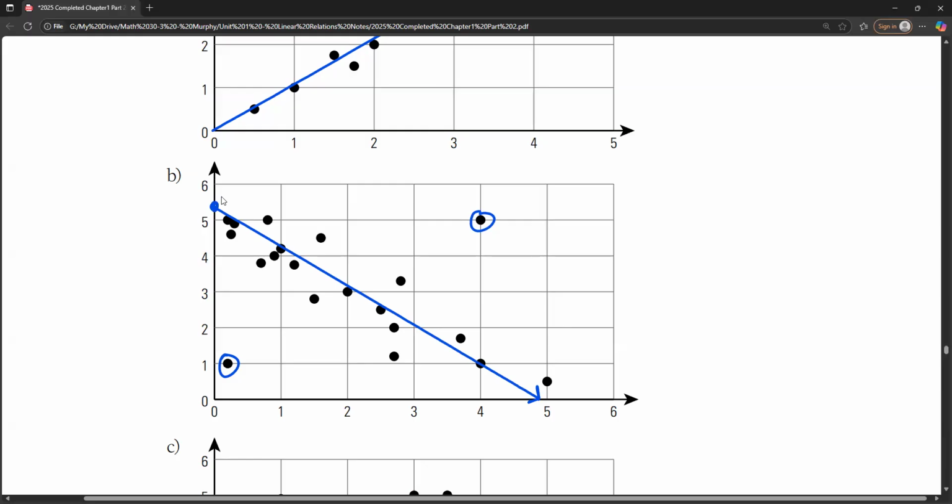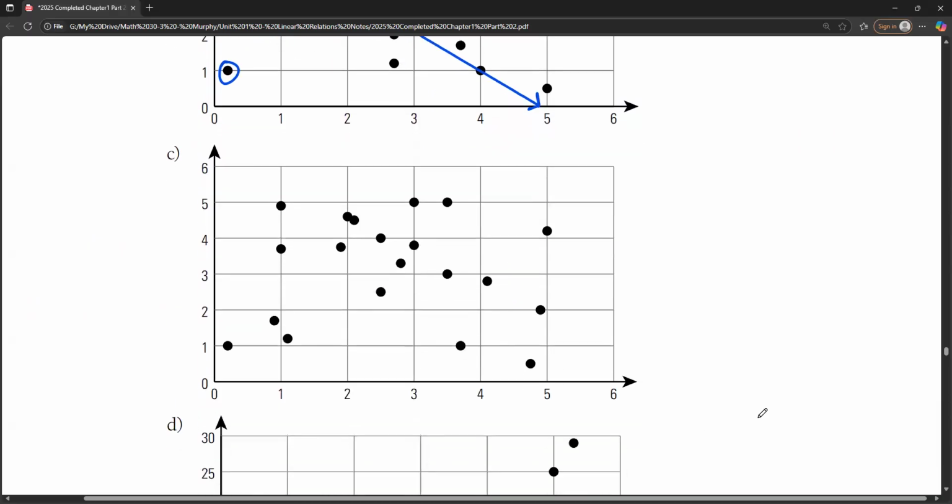It also has a negative slope, not positive. The points are more spread out than the one above, so we would say this correlation is moderate. And there appear to be outliers: the point at approximately 1.2 and 1, this one over here, and the one up here at 4 and 5. Those are what we call outliers.